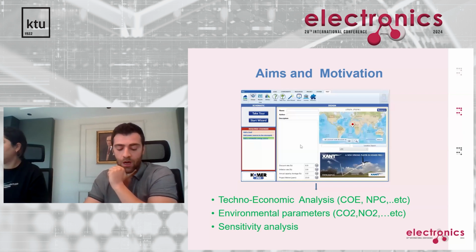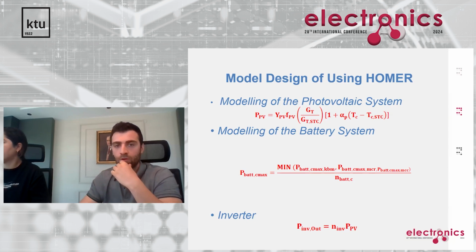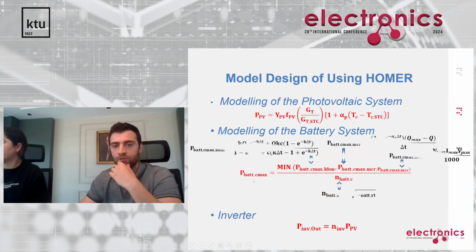It is a micro power program that can calculate the sensitivity and cost of different parameter combinations. And then you are seeing our model design using Homer, modeling the PV photovoltaic system, the battery system, and the inverter. We are using these formulas to calculate our output.